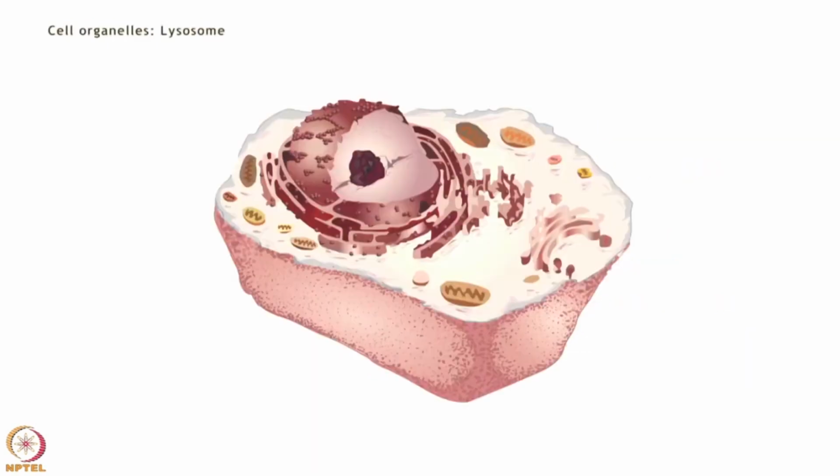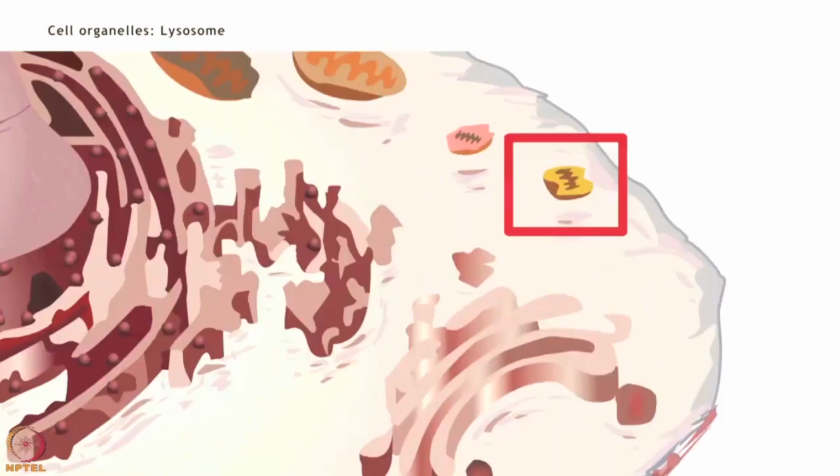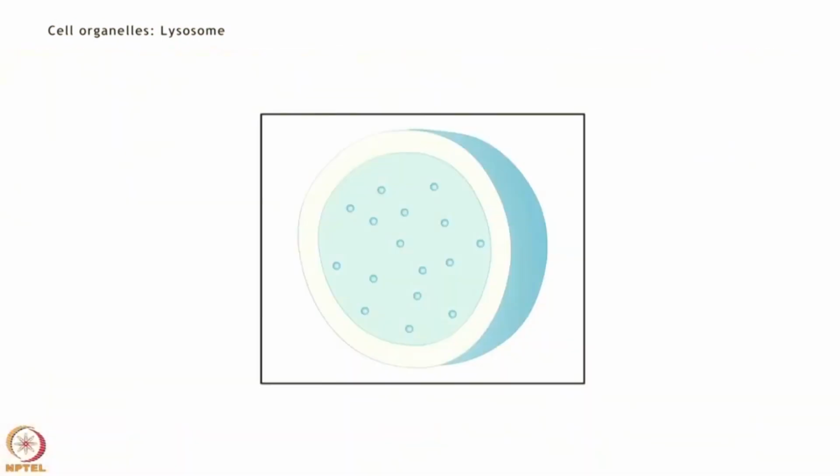Lysosomes are found exclusively in animal cells for degrading any intracellular debris. They contain hydrolytic enzymes within sacs which can digest and degrade any unwanted material when released.